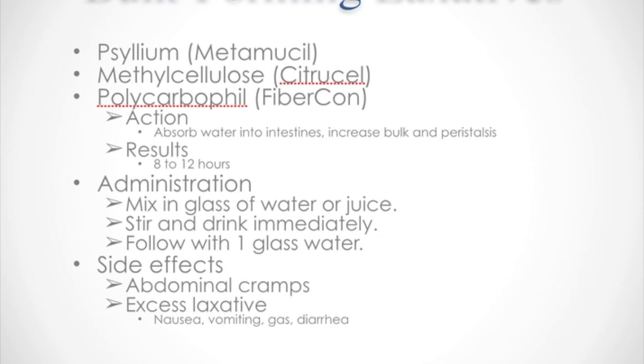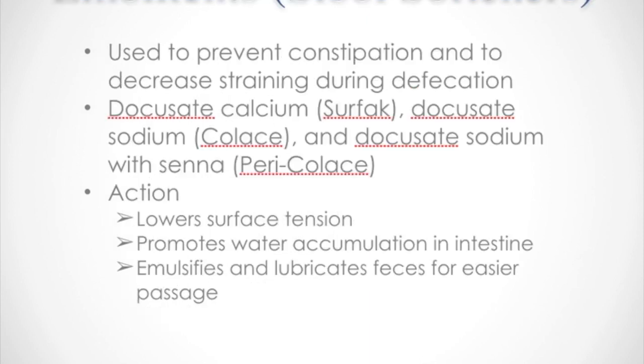We do have to mix these in a glass of water or juice, stir and drink immediately, and then follow with another glass of water for optimal effect. You can't become addicted to these ones. They're usually well tolerated. Most commonly, maybe some abdominal cramping, gas. If they take too much of it, then you could have nausea, vomiting, and diarrhea.